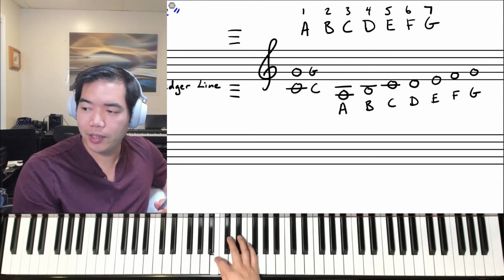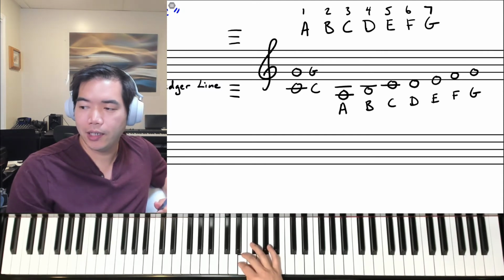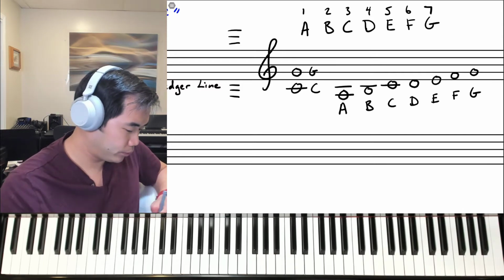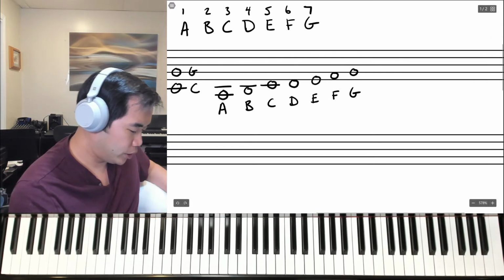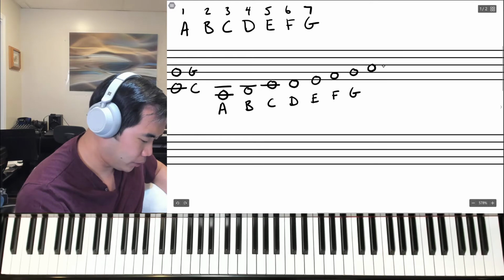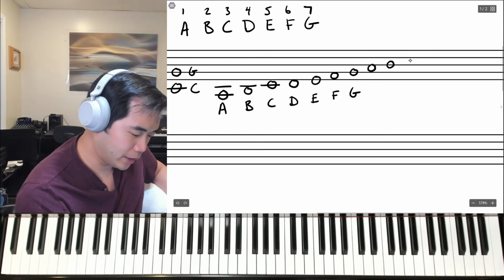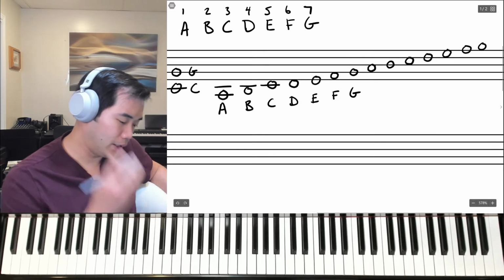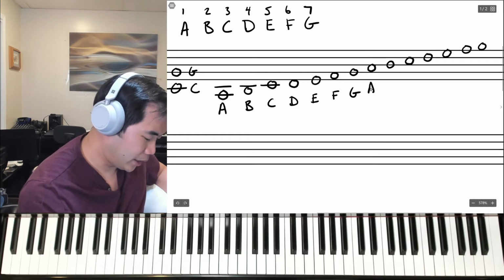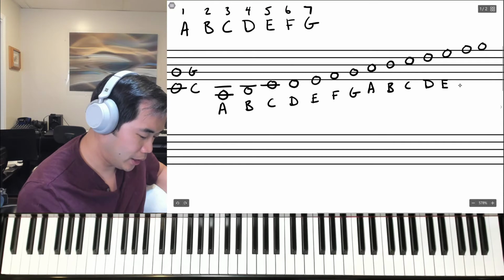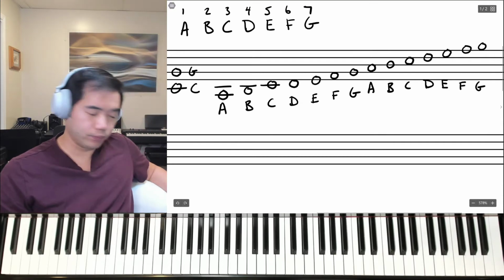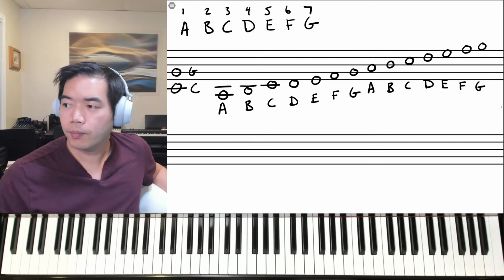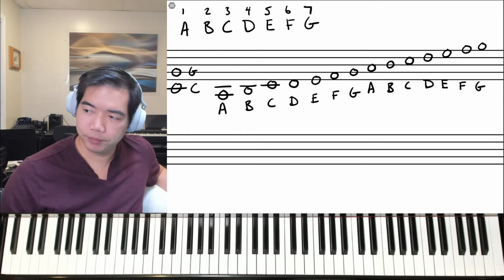A, B, C, D, E, F, G, and then it would just repeat again as I go line note, space note, like a staircase. Line note, space note, line note, space note, line note, space note. And again, it starts again: A, B, C, D, E, F, G. So that's how it's arranged.